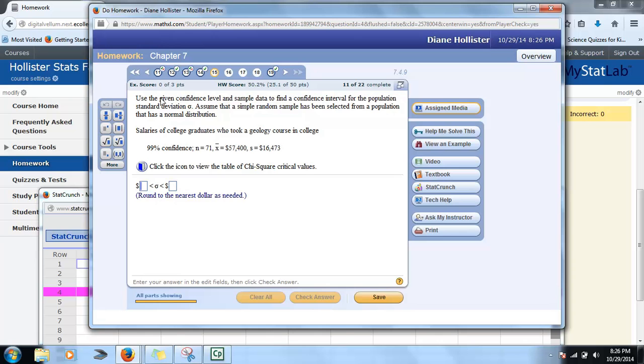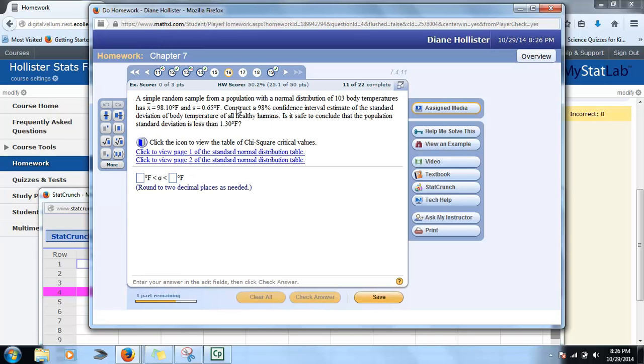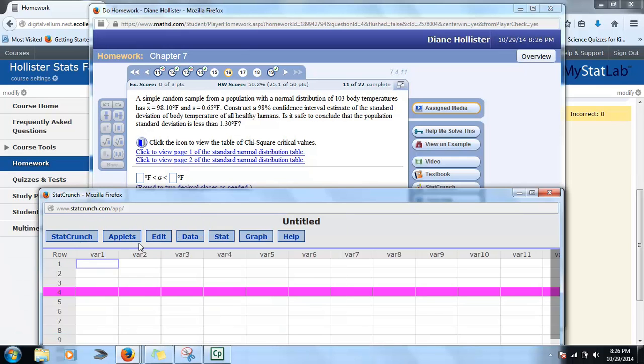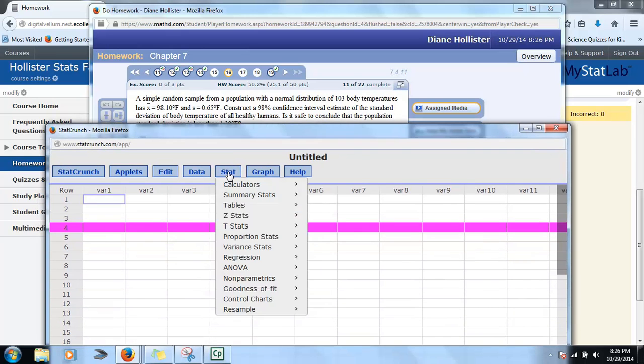In number 15, you are asked to find a confidence interval for the population standard deviation. Number 16, similar type of problem. Find a confidence interval for the standard deviation. Keep in mind when you click to find a confidence interval of a standard deviation that when you select your variance test, you will need to square the standard deviation.